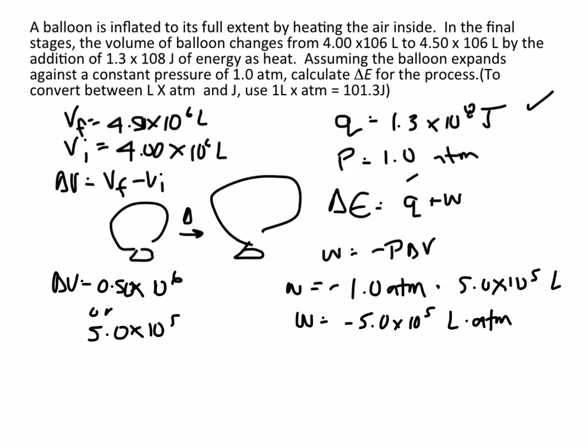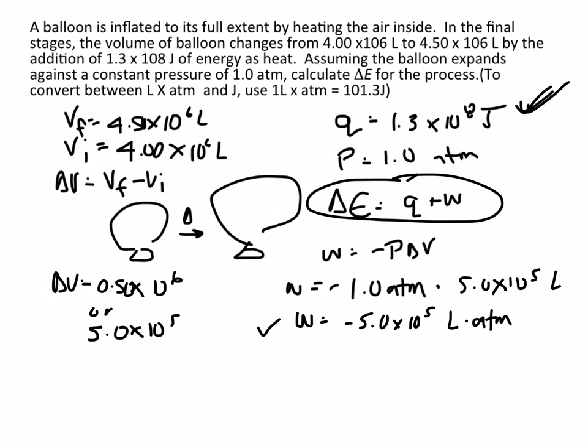So we now have our work value. We already had our Q value, and normally we would just plug those into this equation in order to get our delta E. However, the problem that we have is that the units don't match. The units for Q, our heat value, are in joules, while our work value is in liters times atm.